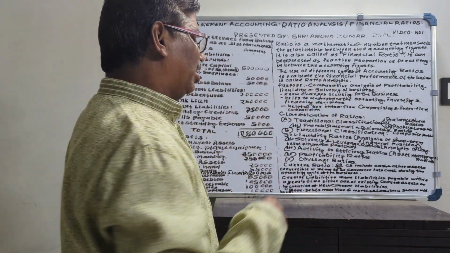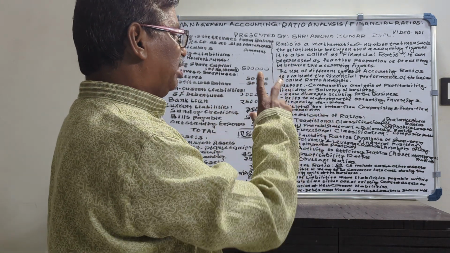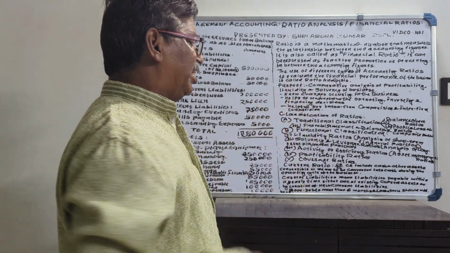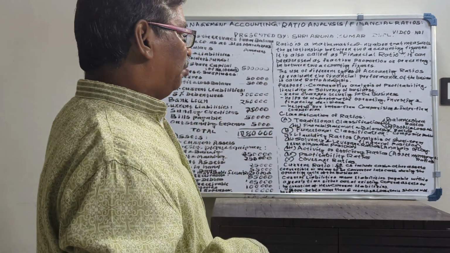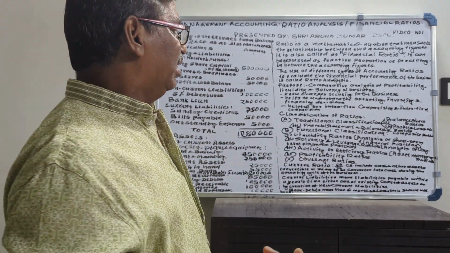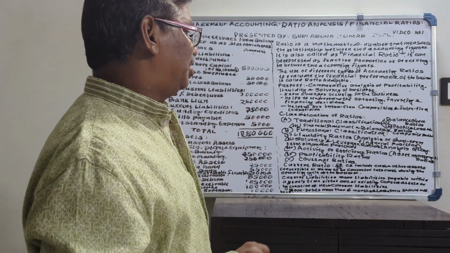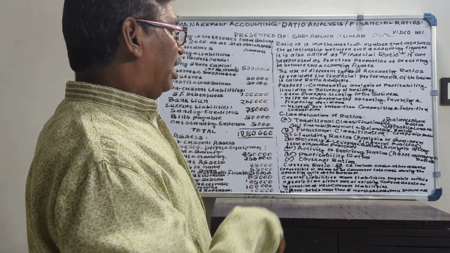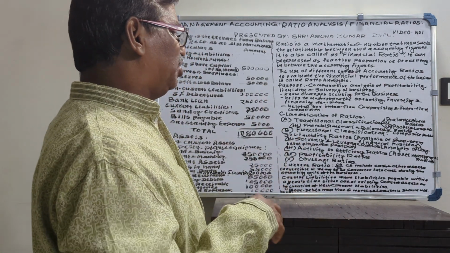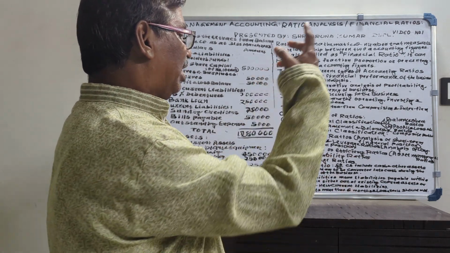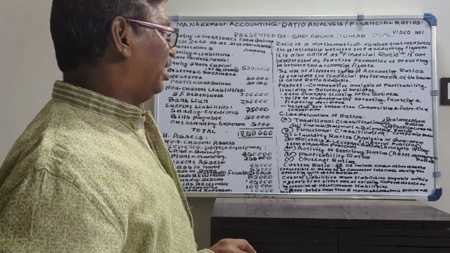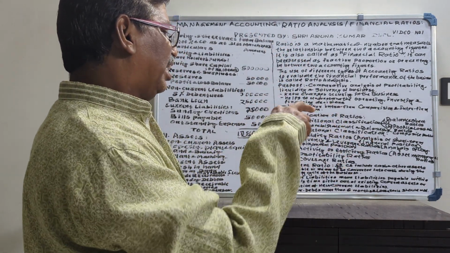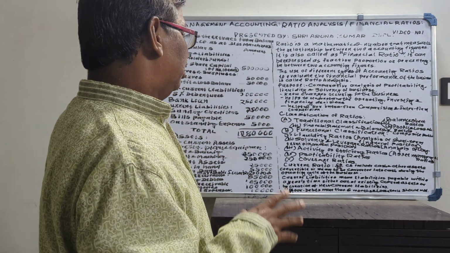In case of profit and loss ratio, it will be taken from the profit and loss, that is trading profit and loss. Suppose in case of balance sheet ratio, we will compare the current asset with current liability, then it is within the balance sheet. If we calculate the net profit ratio, gross profit ratio, we will compare the net profit and sales, which is inside the profit and loss statement. Then composite means one figure from the balance sheet, another figure from profit and loss.